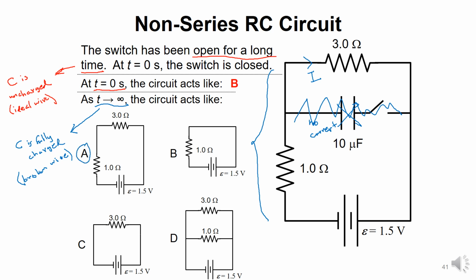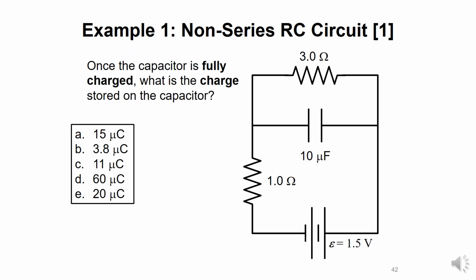So now the circuit consists of the battery and the 2 resistors in series, and there is no lower branch, just the upper branch. So the circuit looks like option A. That's how we analyze resistor capacitor circuits, RC circuits, when resistors and capacitors are in parallel.